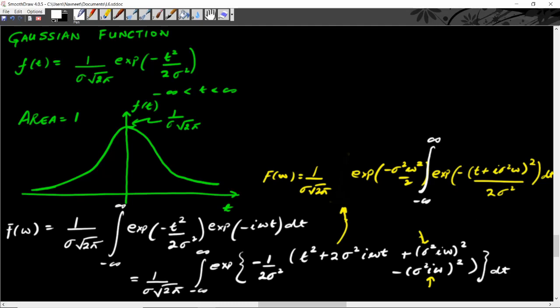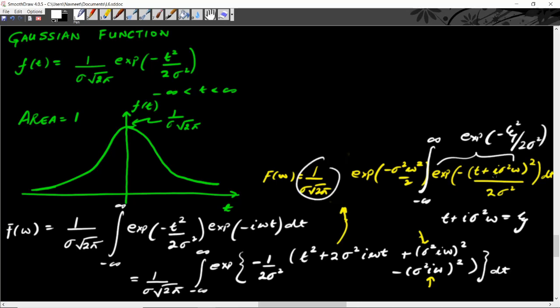Now, if we substitute this t plus iota sigma squared omega as another variable xi, then we'll see that this can be written as, which along with this particular term is a Gaussian.